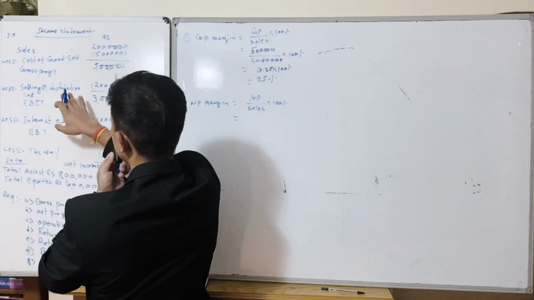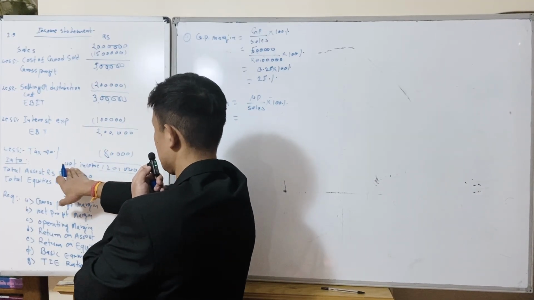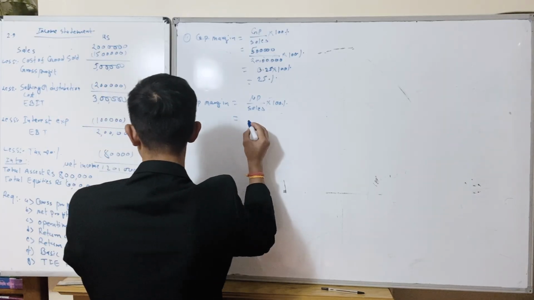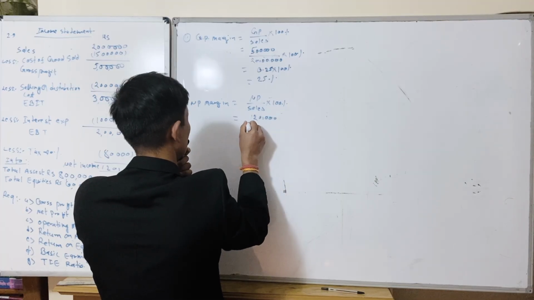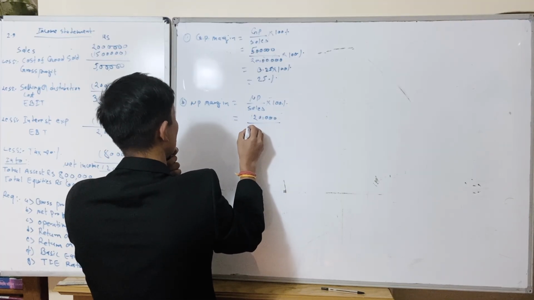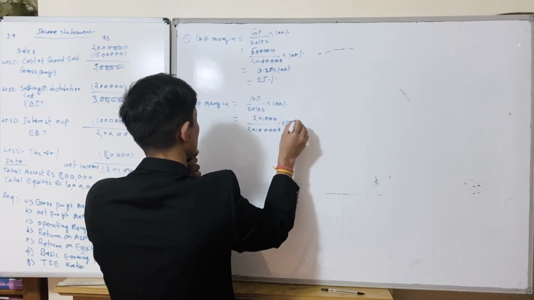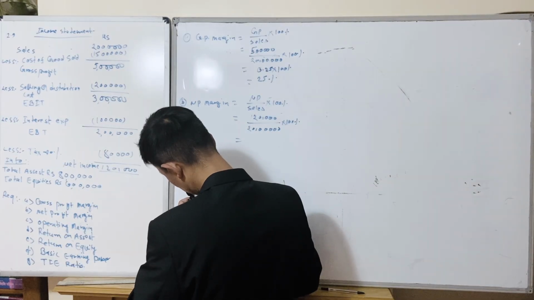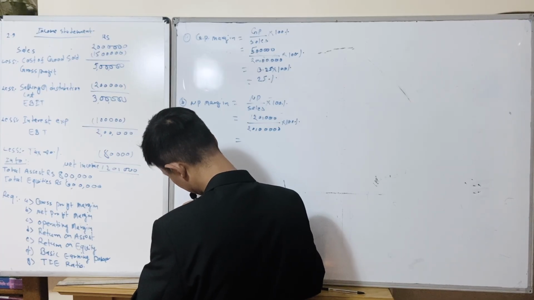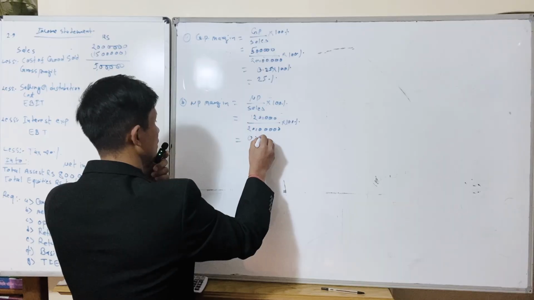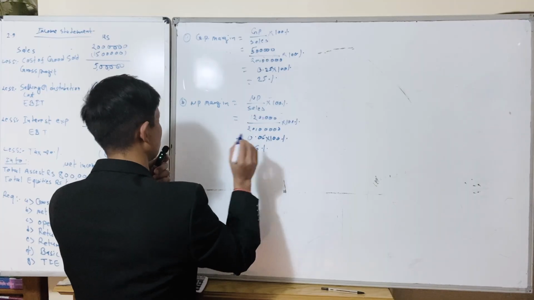We know that net income is net profit, which is 1,20,000, divided by, again, sales of 20 lakh, multiplied by 100%. We get 0.06 multiplied by 100, which is 6% net profit.